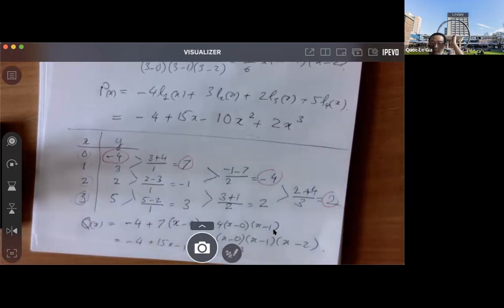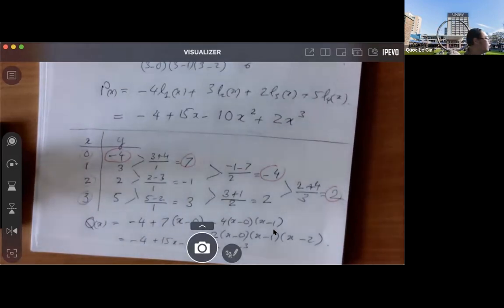Please check that you get the same polynomial, otherwise you don't get the correct solution. Another way to check is you can plug in the value x equals 0, then everything here equals 0 and you get minus 4, x equals 1, and so on.